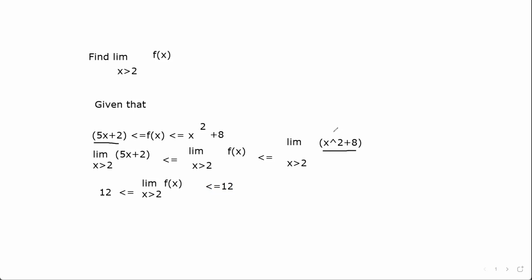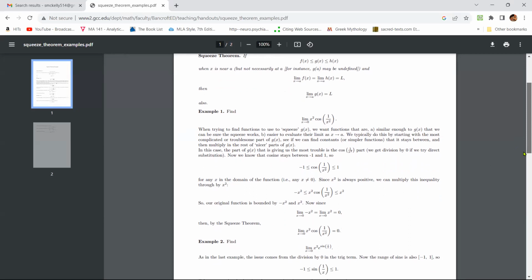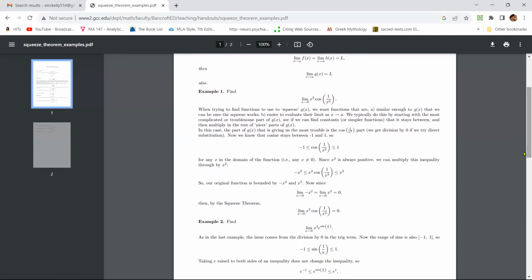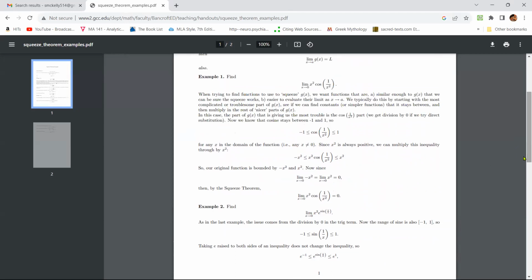We have to choose them. And that's why you typically do squeeze theorems on a lot of trig functions. That's typically where you see it the most. You don't have to, but that's typically where they show up the most.